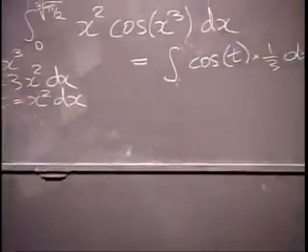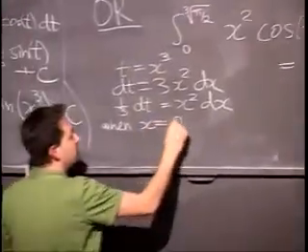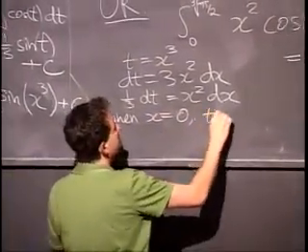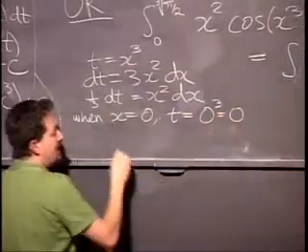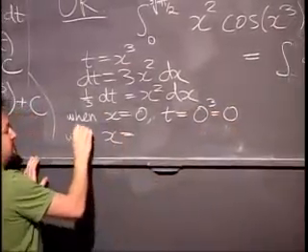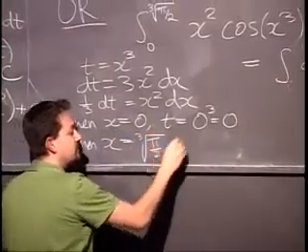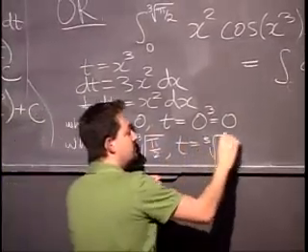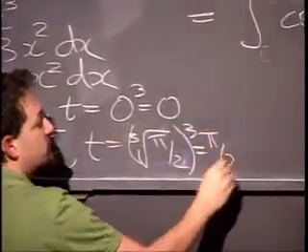So how do you do the bounds? All you have to do is write two statements. When x equals 0, t is x cubed, so it's 0 cubed, which is 0. And when x equals the cube root of pi over 2, t is the cube root of pi over 2, all cubed, which is pi over 2.